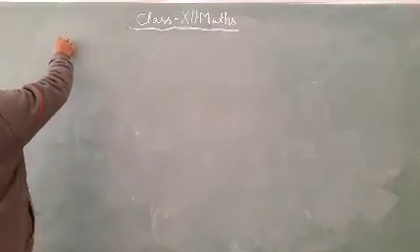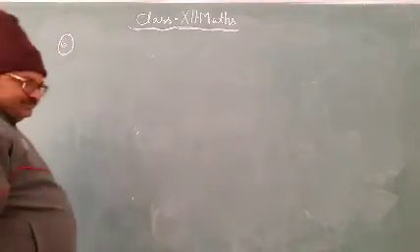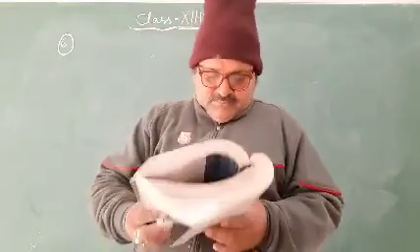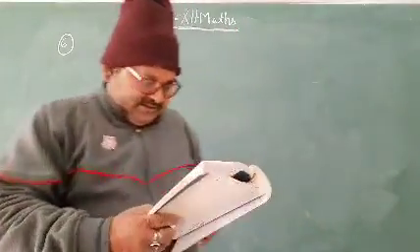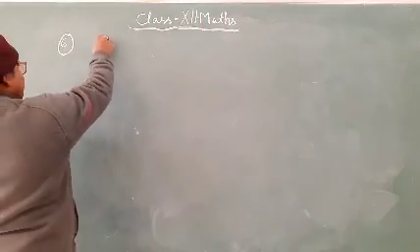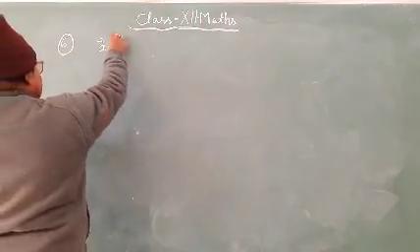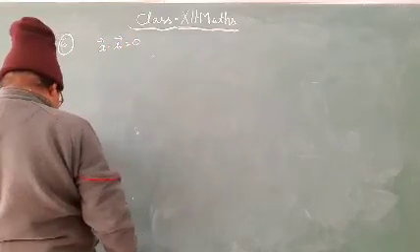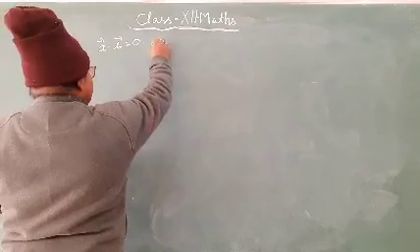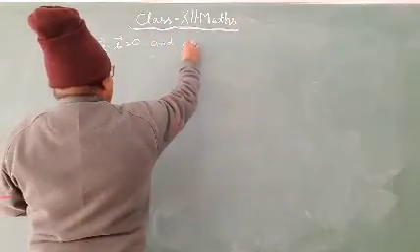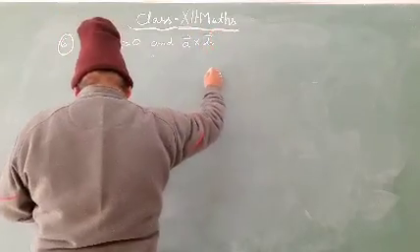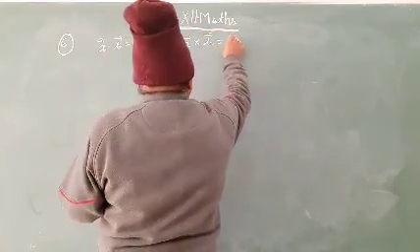Question number 6. Given that vector A dot vector B is equal to 0 and vector A cross vector B is equal to 0 vector.